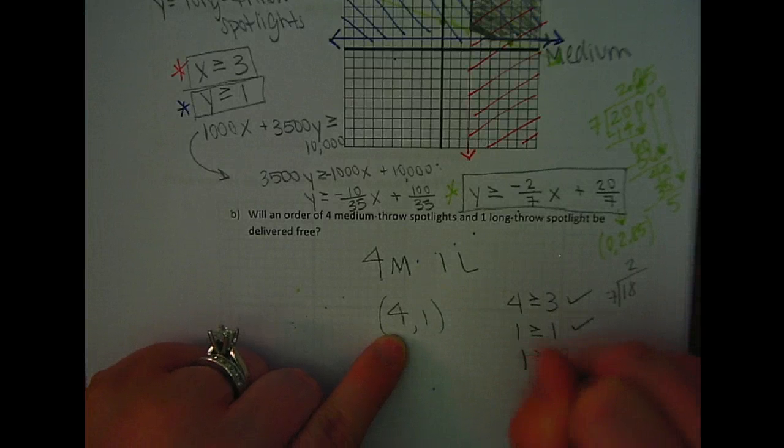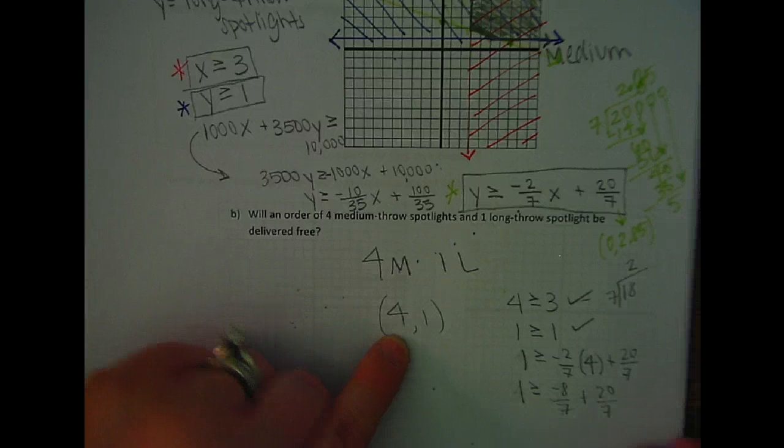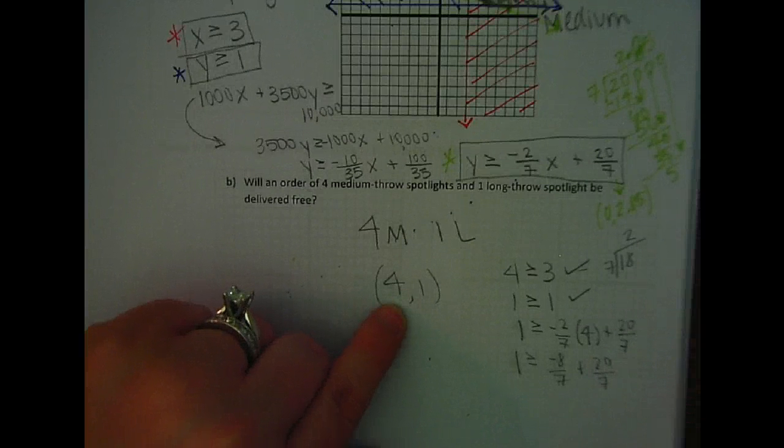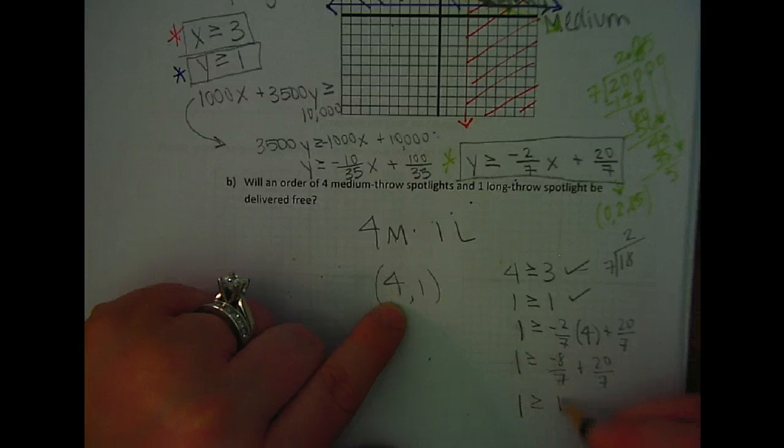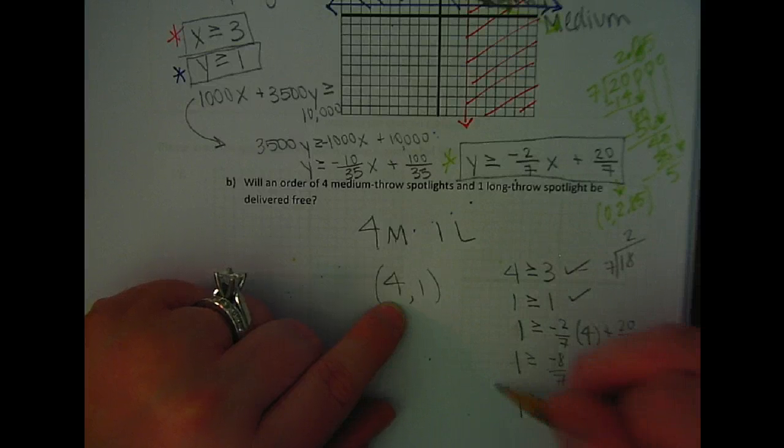So 4 times -2 is -8/7 plus 20/7 has to be smaller than 1. Well, 20 minus 8, that's 12. So I'm talking about 1 being greater than or equal to 12/7. Well, I can tell you right now that 7 goes into 12 almost 2 times. It goes in there 1 and some change. So that's not going to be less than or equal to 1.